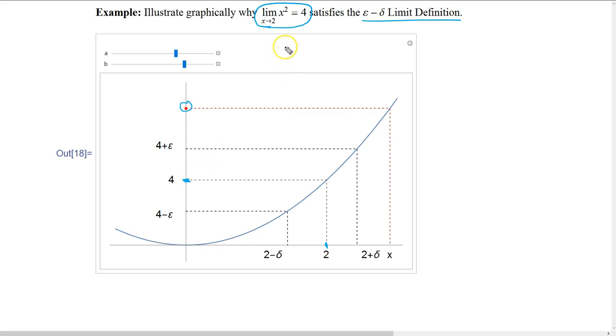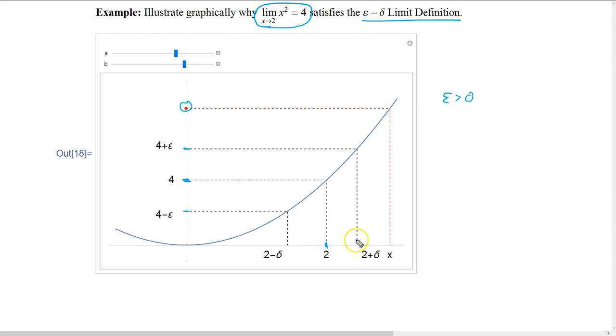All right, so why is our epsilon-delta limit definition satisfied? Well, think of the epsilon greater than 0 as being given to you. So you're given some small number epsilon, and you form this little epsilon neighborhood around 4. So you see there's 4 minus epsilon and 4 plus epsilon.